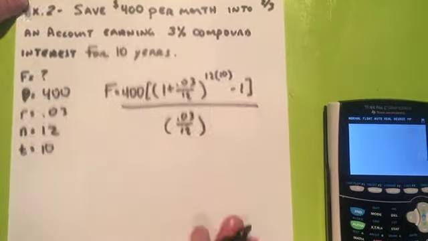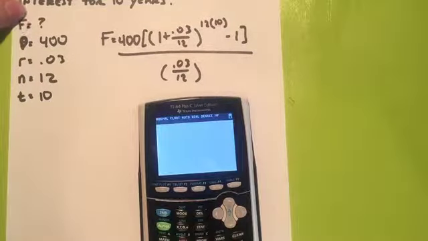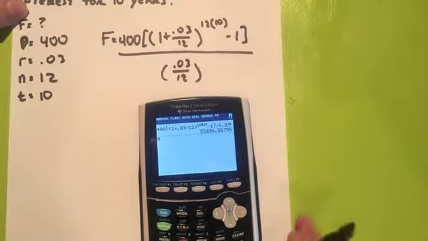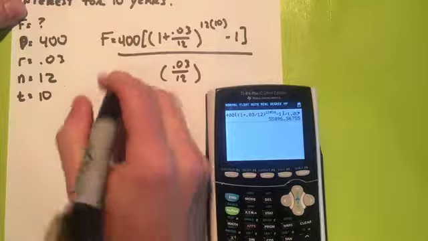I can plug everything into the calculator at once. So $400 per month for 10 years. We end up with $55,896.